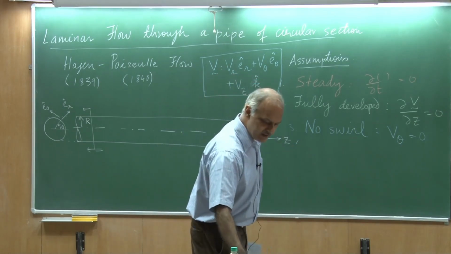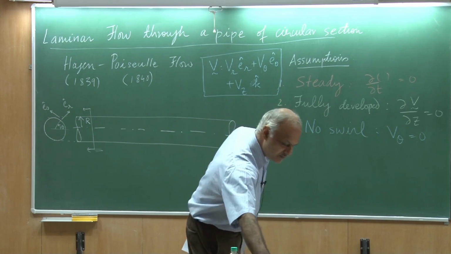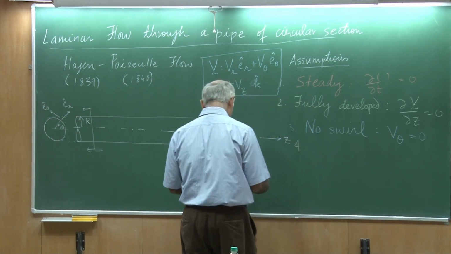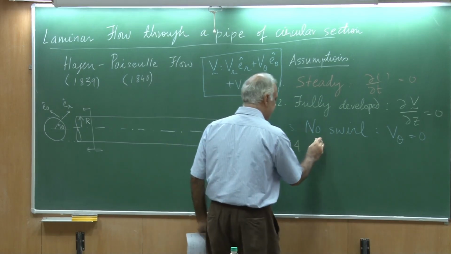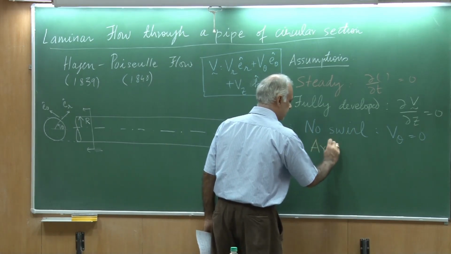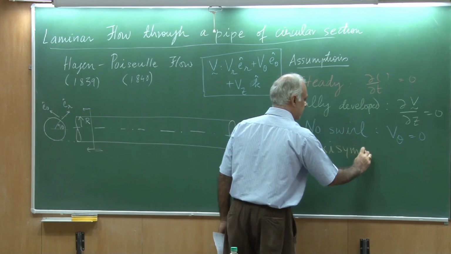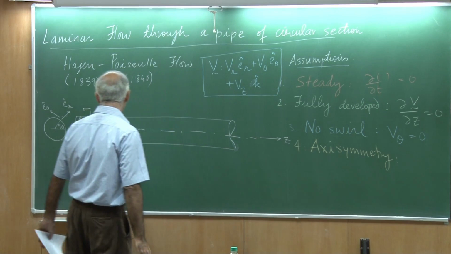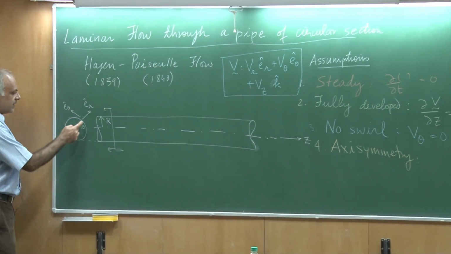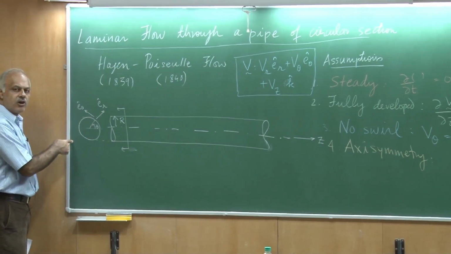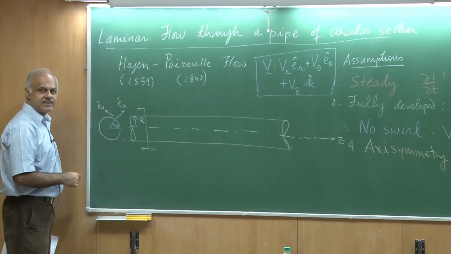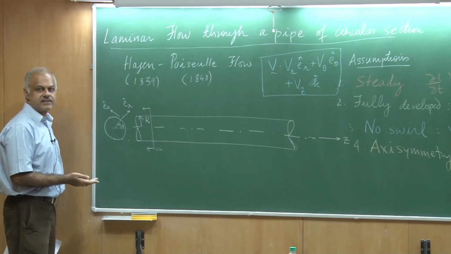The fourth assumption that I want to make is that we have axisymmetry. What that means is that if I look at this face of the pipe, then no matter what my theta direction is, it's the same picture.